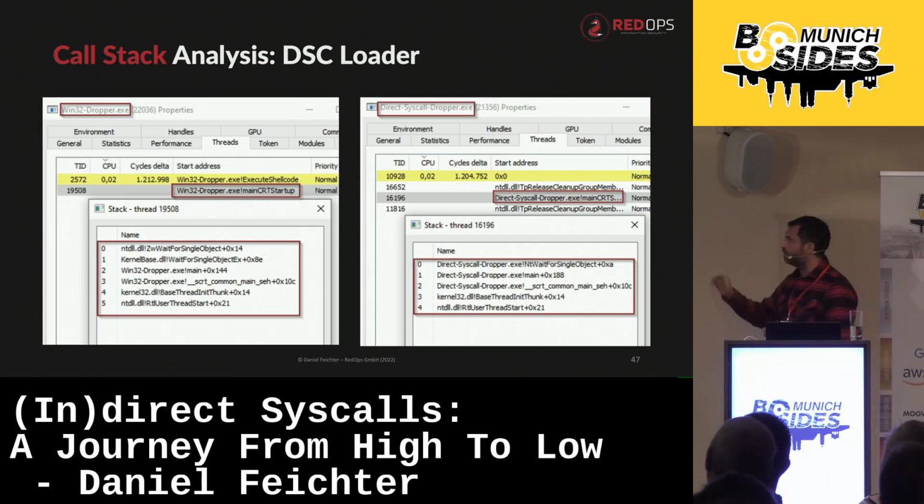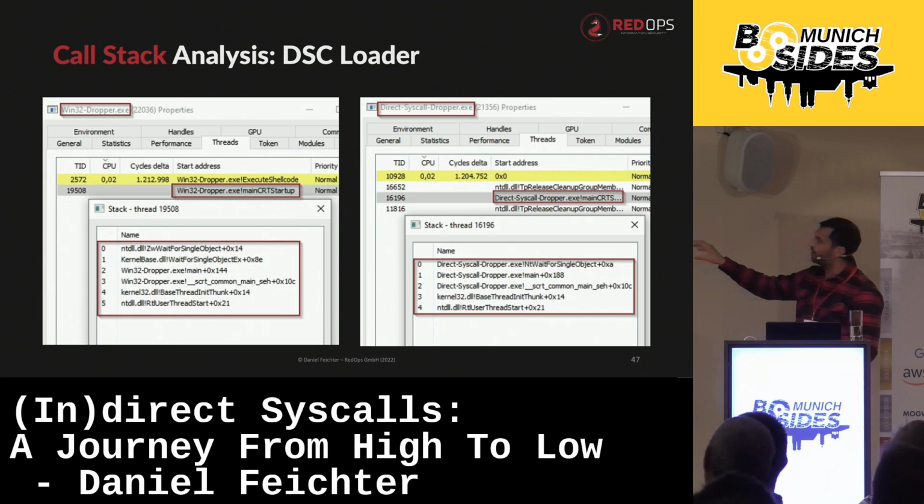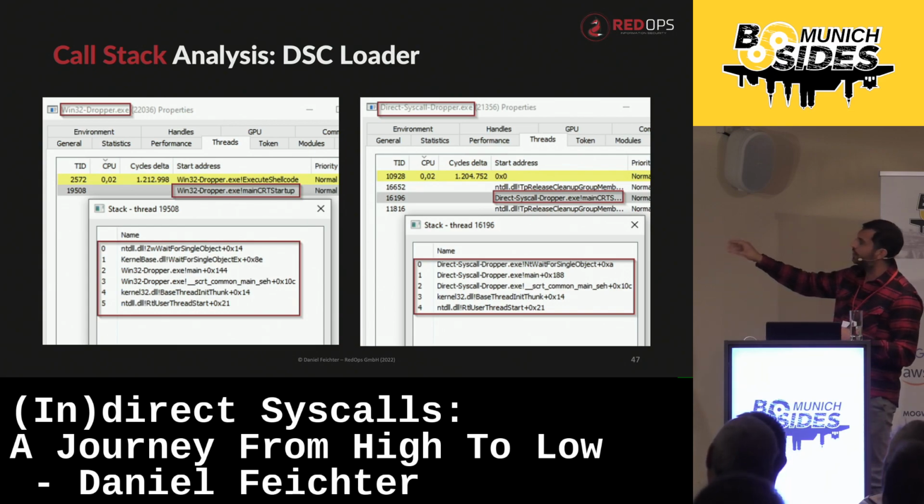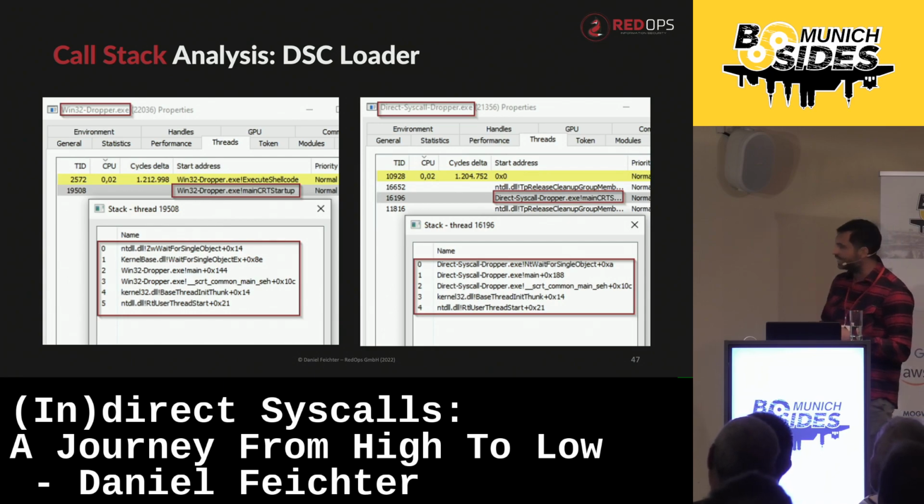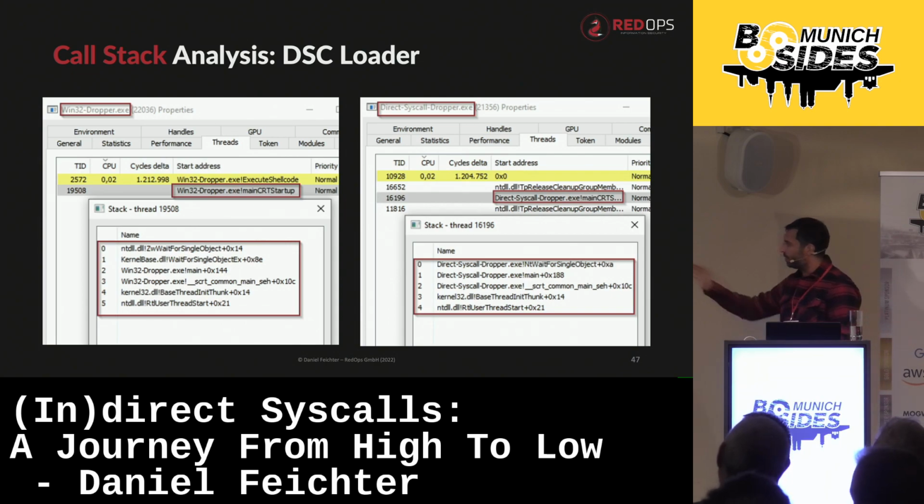Why? When you take a look at the right side, we have the call stack from our direct syscall loader, and on the left side from the Windows 32 API loader, which has a very legit call stack. And we can see on the right side that the call stack from the direct syscall loader looks very weird.